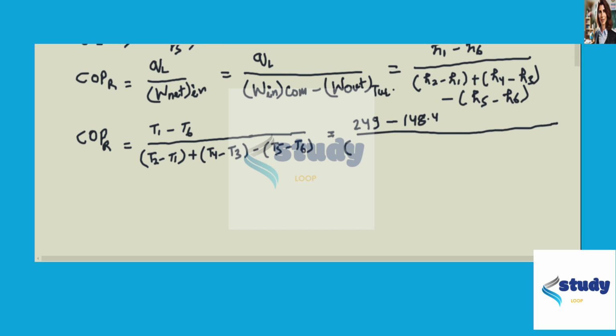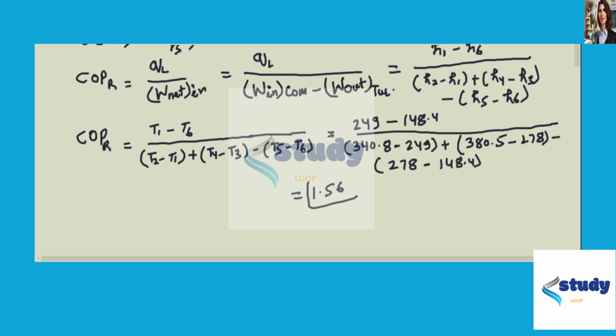T2 is 340.8, T1 is 249, temperature of fourth state is 380.5 minus temperature of third state 278, minus temperature of fifth state 278, and temperature of sixth state is 148.4. So on solving it, coefficient of performance you will get 1.56. So this is one of the answers.